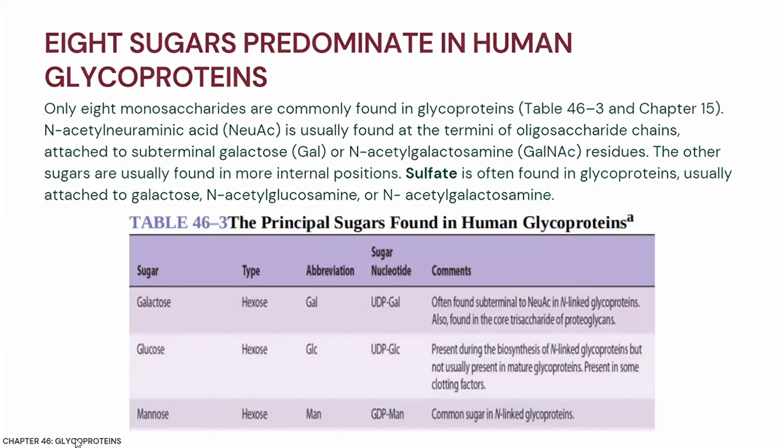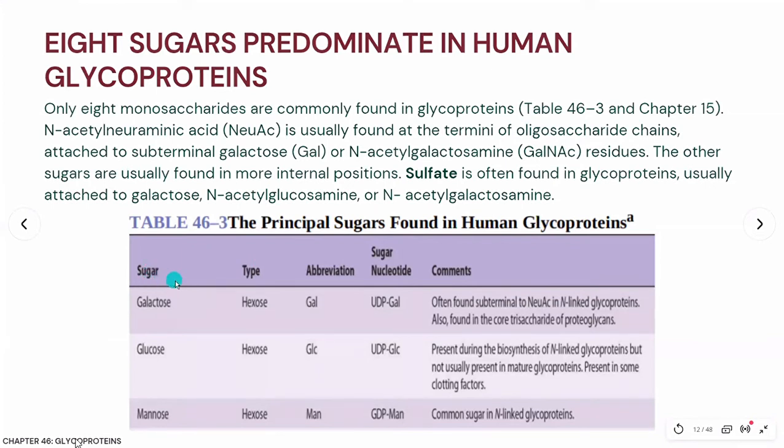Eight sugars are involved in glycosylation of your glycoproteins. And what we have, Table 46-3, principal sugars found in human glycoproteins.